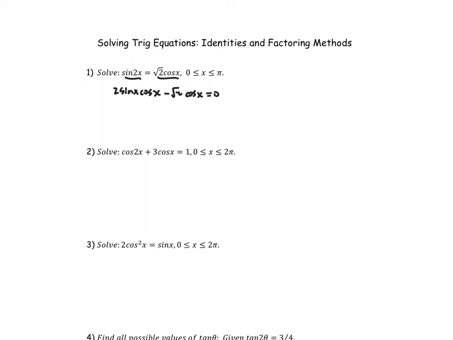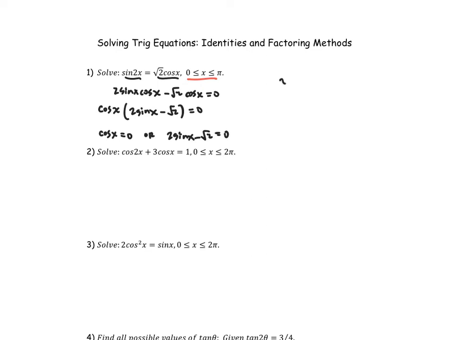Notice here that we'll be working with a restricted range of outcomes, 0 to pi. I'm going to factor out a cosine x. That leaves me with 2 sine x minus root 2. Zero product property tells me that cosine x must equal 0, or 2 sine x minus root 2 must equal 0.